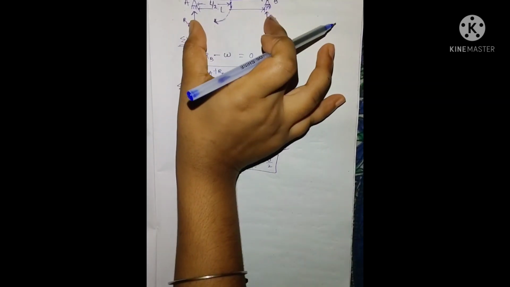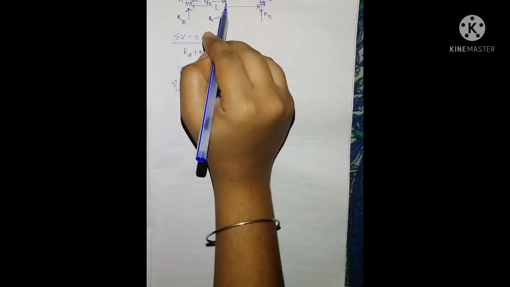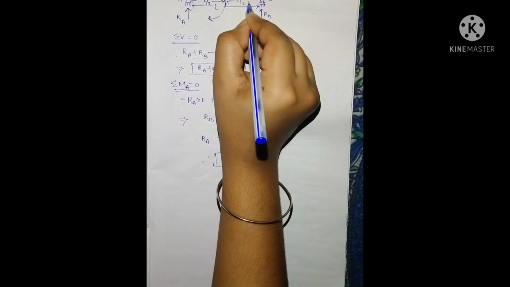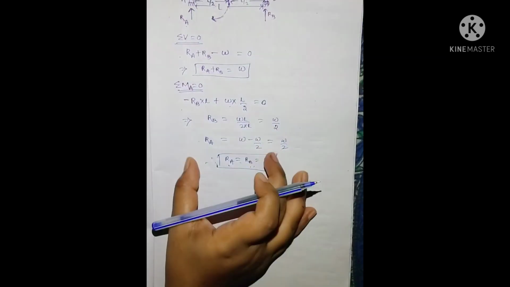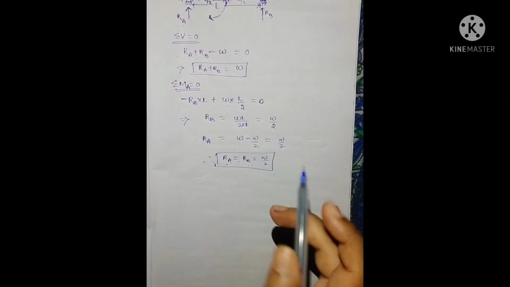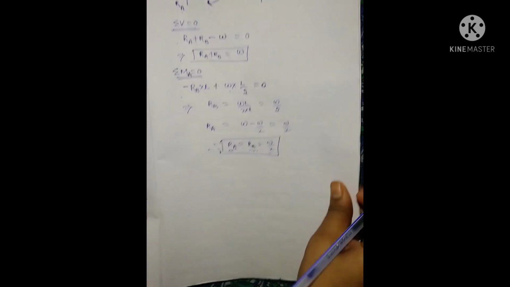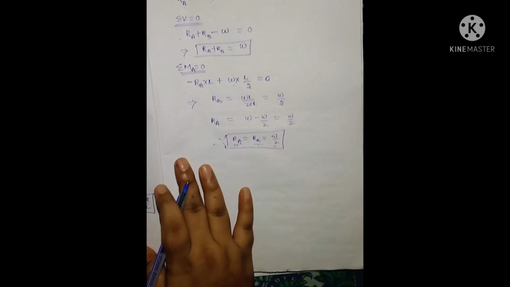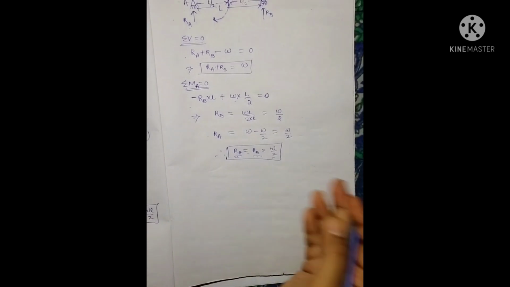This is a symmetrically loaded beam because the load is acting at the center. Here the distance is L by 2 and here the distance is L by 2. This beam is perfectly in equilibrium, so we call it symmetrical loading. So RA equal to RB equal to W by 2. Next we have to calculate shear force and bending moment.